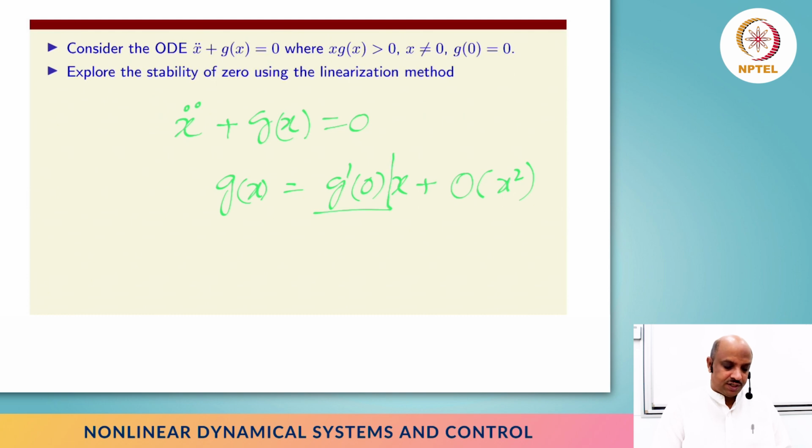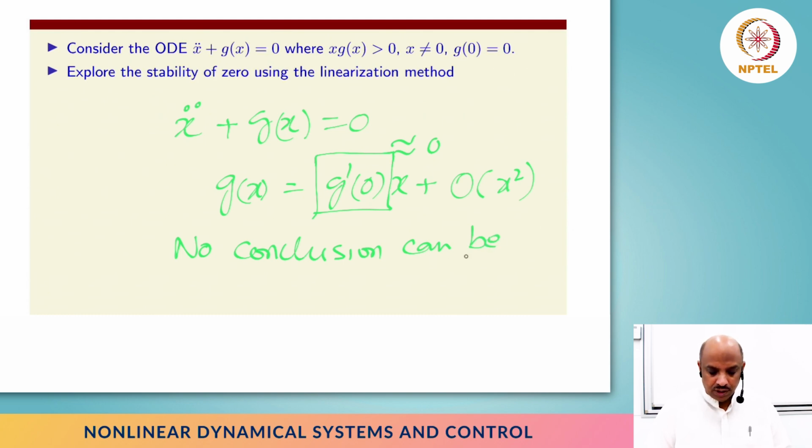Even if we have x times g of x positive, we will end up with 0, or for that matter, maybe we will never end up with negative because of this condition, but this may end up with 0, and then no conclusion can be drawn, because the linear system will be Lyapunov stable. So unfortunately, Lyapunov's first method cannot be used in this particular case.